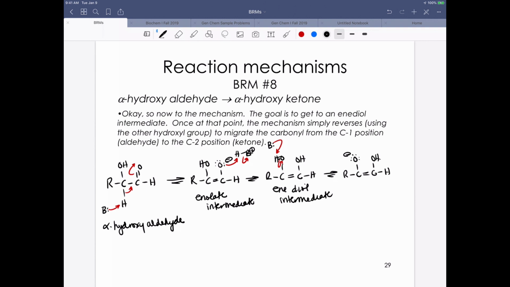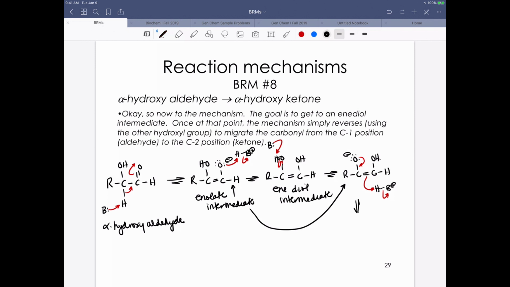So we've generated another enolate intermediate. So again, an enolate intermediate here, but importantly, we have another enolate intermediate there. And now we're going to protonate this enolate intermediate by reforming this carbonyl. These pi electrons are going to come back out here, grab that proton.